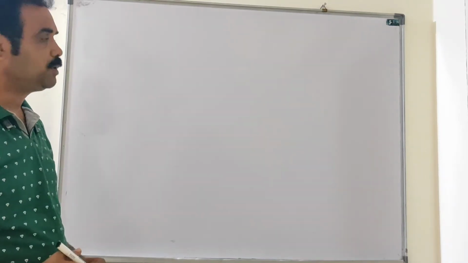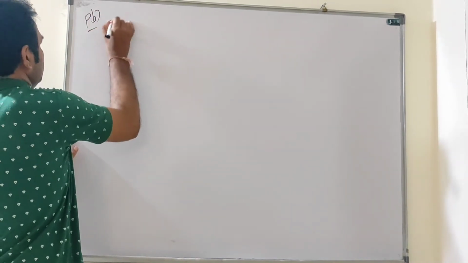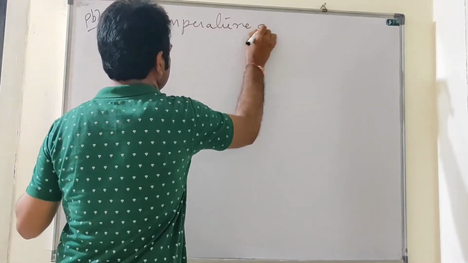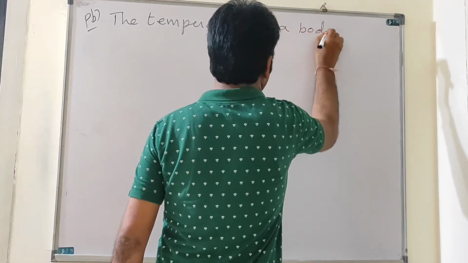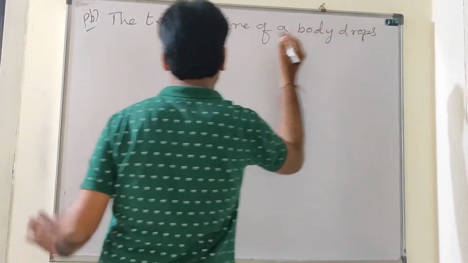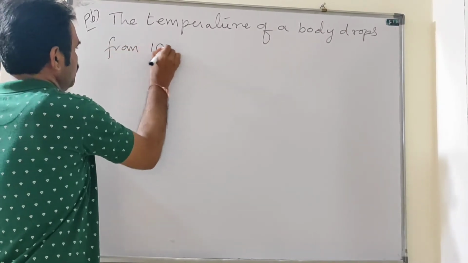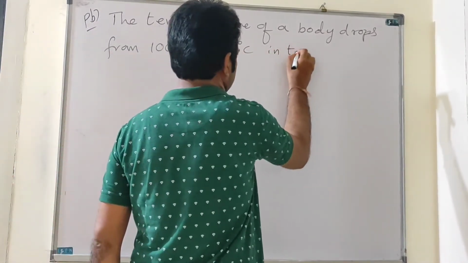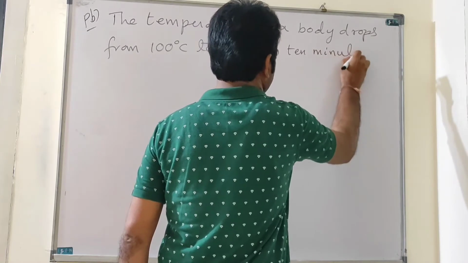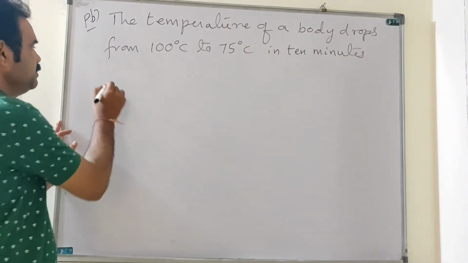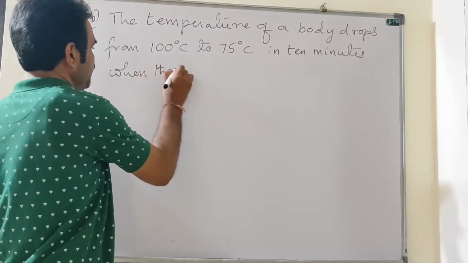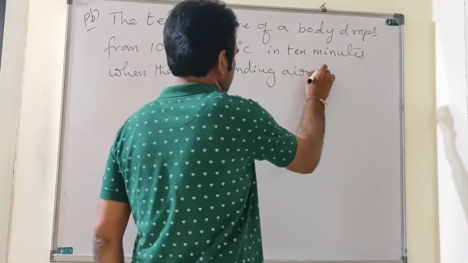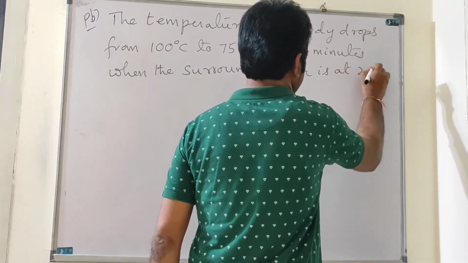Now see the problem. The temperature of a body drops from 100 degrees Celsius to 75 degrees Celsius in 10 minutes, when the surrounding air is at 20 degrees Celsius.